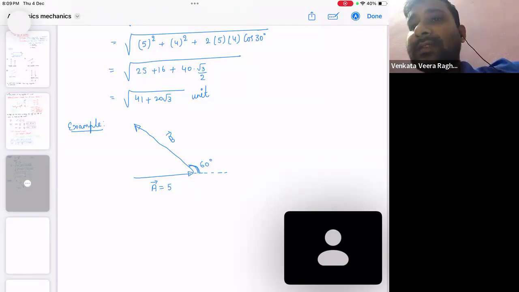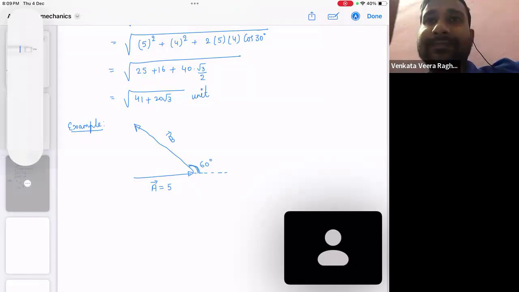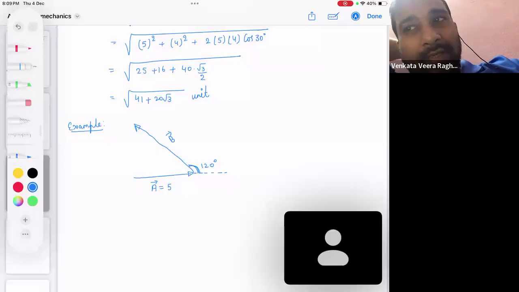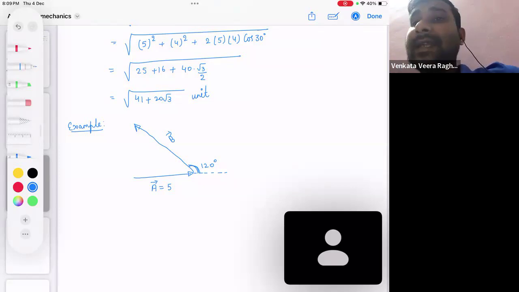Do you remember what is the angle between the vectors? Angle between the vectors is what? Tell me, it is the angle between the two tails or the two heads, isn't it? It cannot be between the tail and tail, or between the head and head.